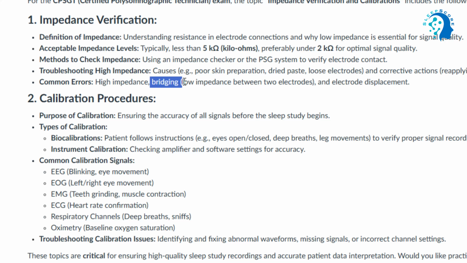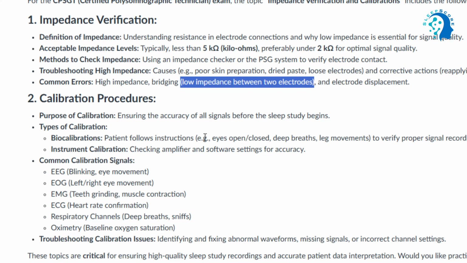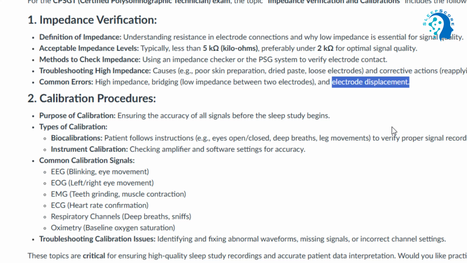And the other thing is bridging, that means low impedance between two electrodes. And electrode displacement. Alright, bridging, let me tell you what bridging is.